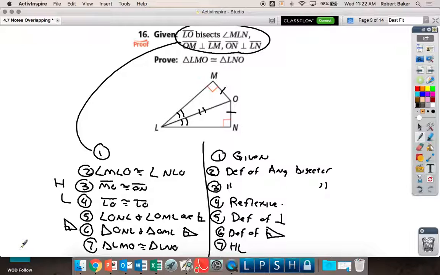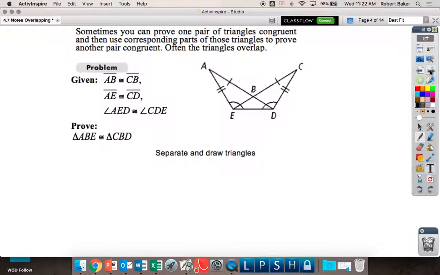Alright, so moving on with today's learning. Or wait, that wasn't our learning, that was yesterday's learning. Here we are today. Do you see this on your paper? Here's an introduction to overlapping triangles.